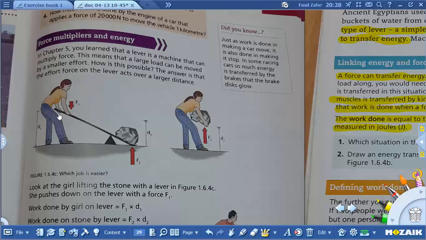You have a large distance here, so you apply less force, and here you will apply more force. Repeating again, the effort force on a lever acts over a larger distance.